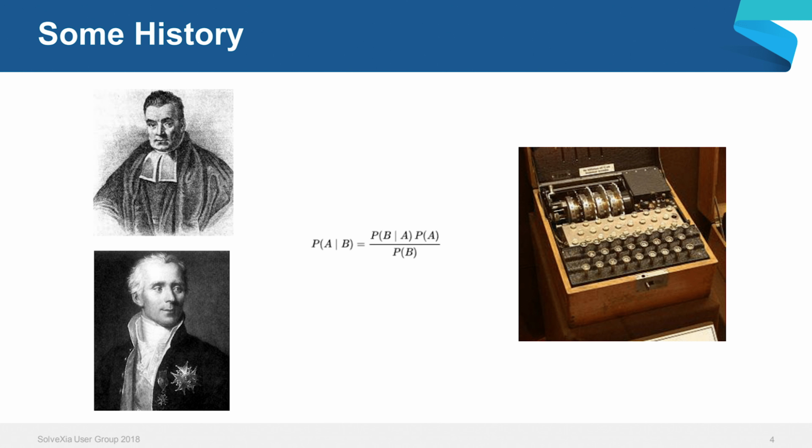And that's the fancy equation that we see on the slides. And then unfortunately after Laplace, the method fell under the radar until more famously in World War II where Alan Turing used Bayesian statistics to crack the Enigma code. Fancy.